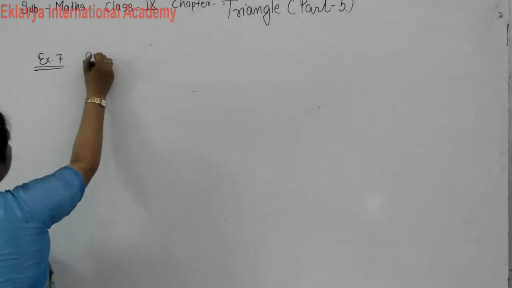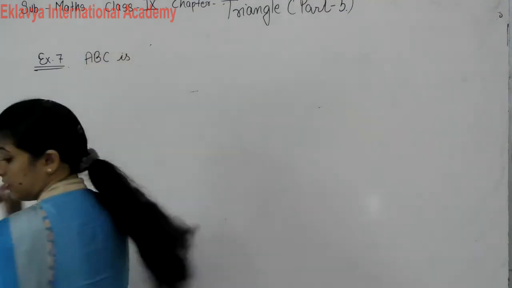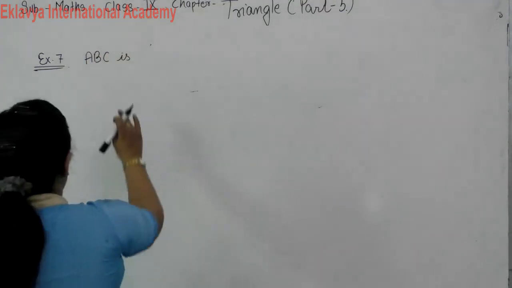NCERT book, chapter 7. AB is a line segment.